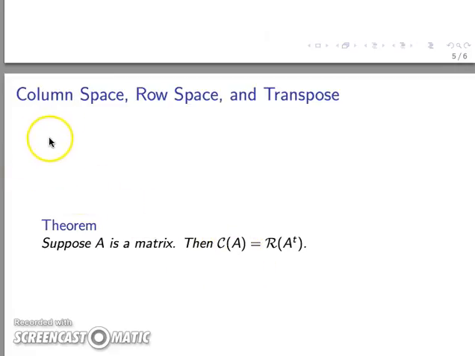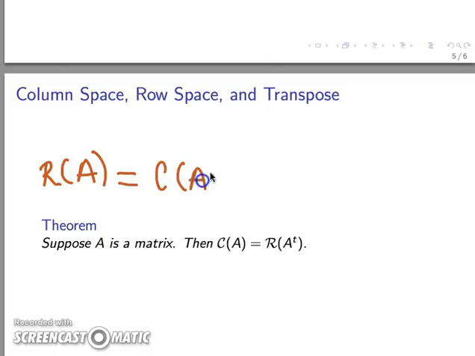Previously we defined the row space of the matrix A as the column space of the transpose of the matrix. That sounds very similar, but it's not quite the same. This says that the column space of the original matrix is the row space of A transpose.